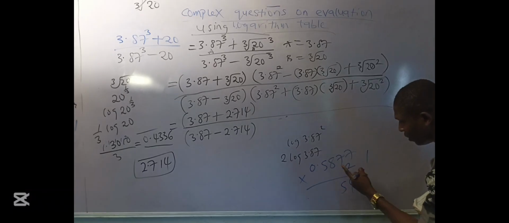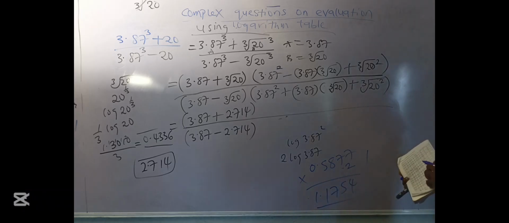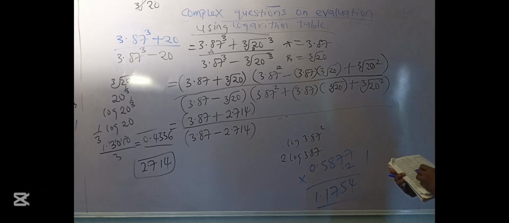So I'll multiply by 2. 2 times 7 is 14, 4 carry 1. 14 plus 1, 15, 5 carry 1. 16 plus 1, 17, 7 carry 1. 10 plus 1, 11, 1 carry 1. 2 times 0 is 0 plus 1, 1. So I have this. Now I'll look for my antilog of 17 under 5, difference 4, which is 1.